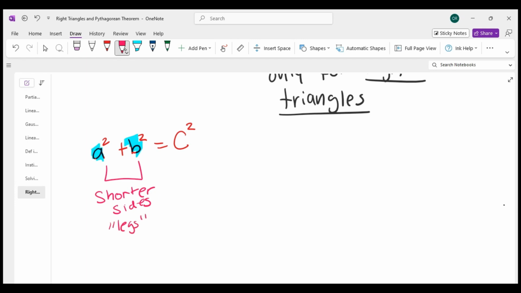And I'll show you what that looks like. And then our c is our hypotenuse. This is the opposite side of the right angle of the triangle. And please note that c always is the longest length.